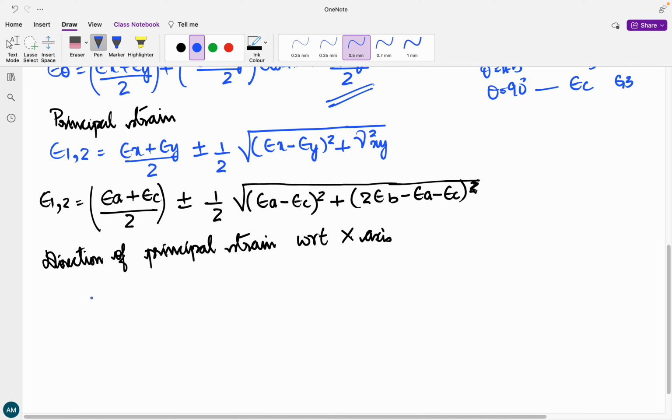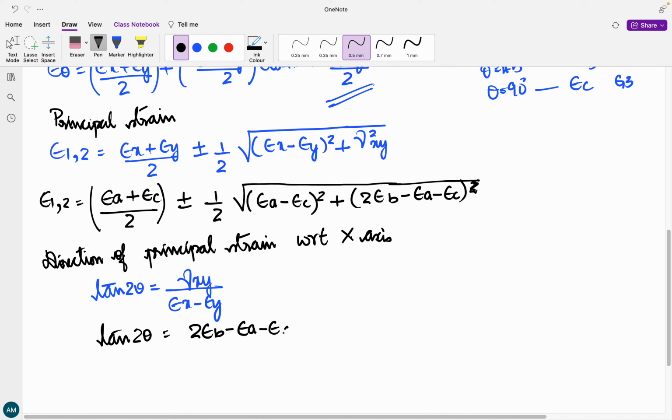The formula is tan 2 theta is equal to gamma xy minus epsilon x minus epsilon y. So just replace: tan 2 theta is gamma xy, which is 2 times epsilon b minus epsilon a minus epsilon c, divided by epsilon a minus epsilon c.